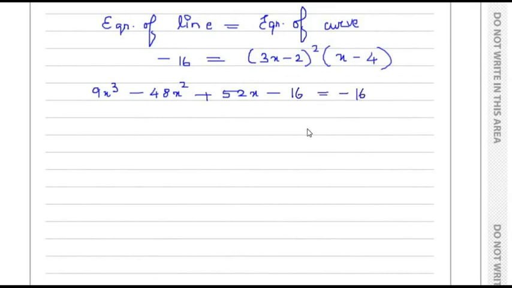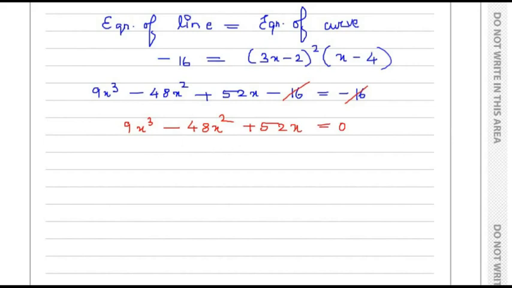So let us solve this equation. Minus 16 on this side and minus 16 on the other side get cancelled. So we are left with 9x cube minus 48x square plus 52x is equal to 0.